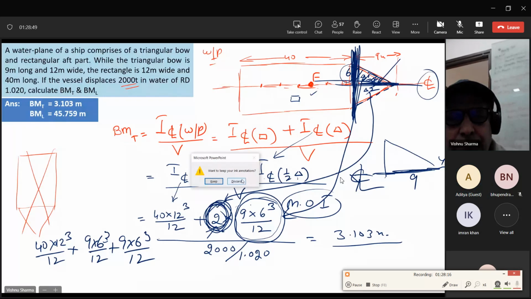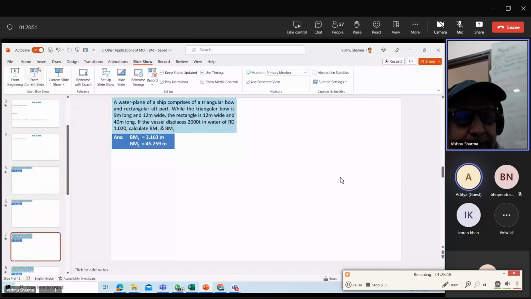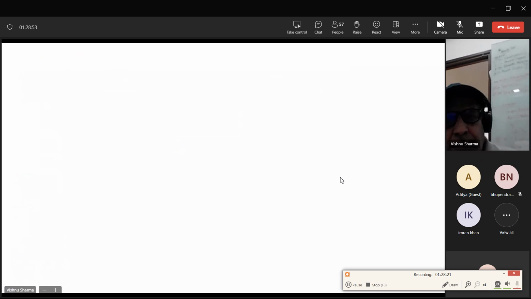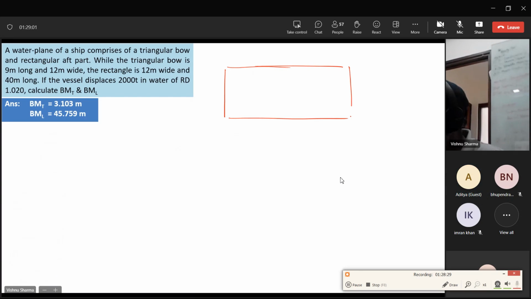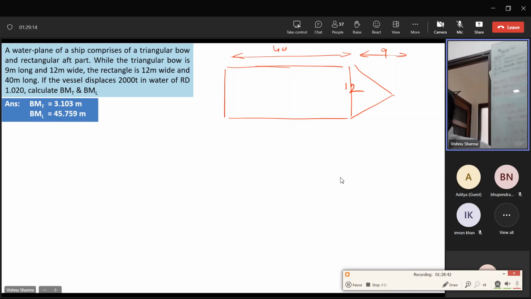Okay. Now let's look at the BML part. Okay, we again draw the water plane area. Now, guys, we have to draw athwart ship axis through center of flotation.